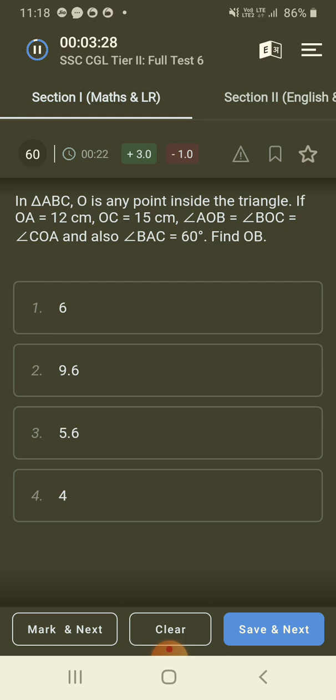AOB, BOC and COA are each 120 degrees, and BAC is 60. Find OB. Using sin theta equals P by H, and tan theta equals P by B, with 6 root 3.